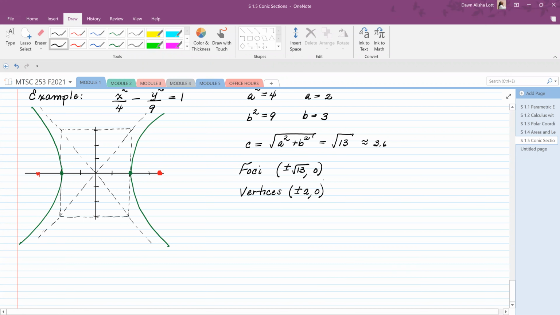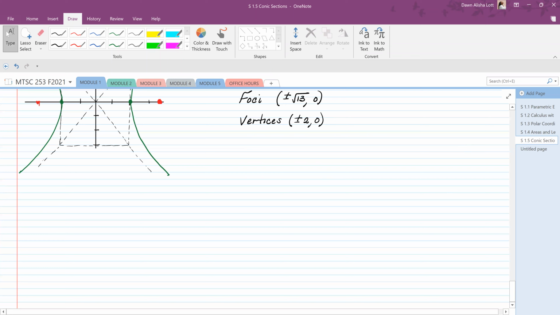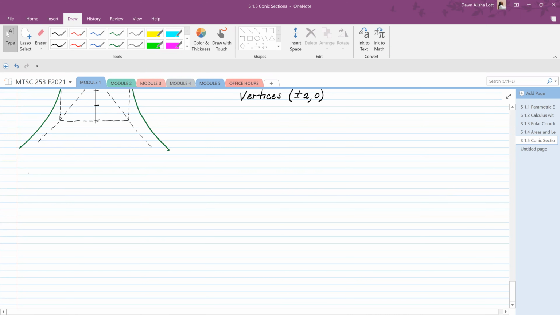And some of these can be twisted in different directions. All right, so here's a cool example.